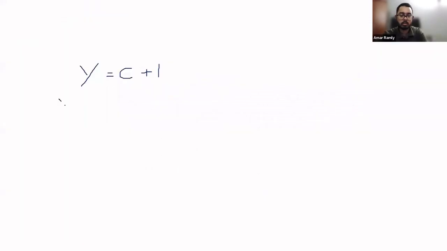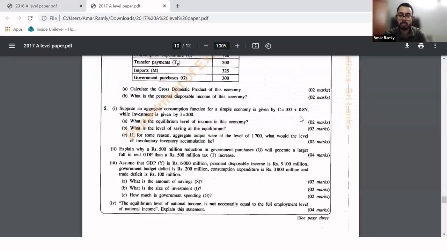Let's write out C in its full form: 100 plus 0.8Y. Investment is 200. So what we can do is take the like terms to one side, where it becomes Y minus 0.8Y, which becomes 0.2Y. 100 plus 200 adds up to 300.